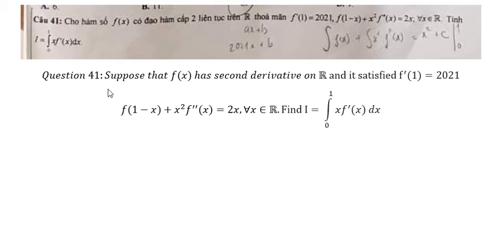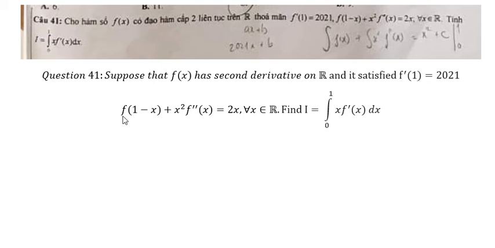Question 41. Suppose that f of x has a second derivative on the real numbers and it satisfies first derivative of the function f at number 1 equal to 2021.